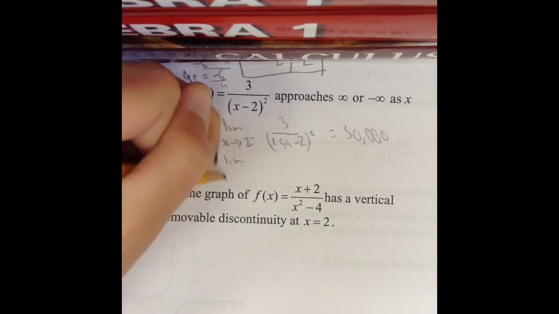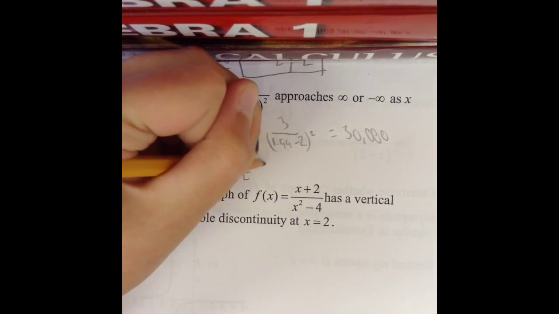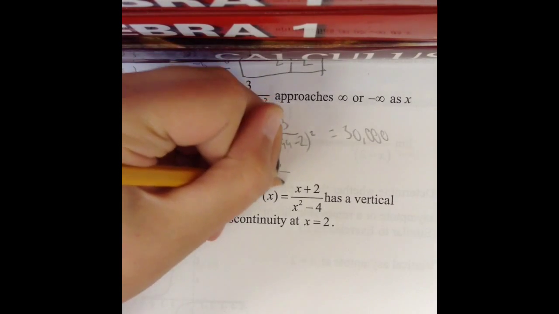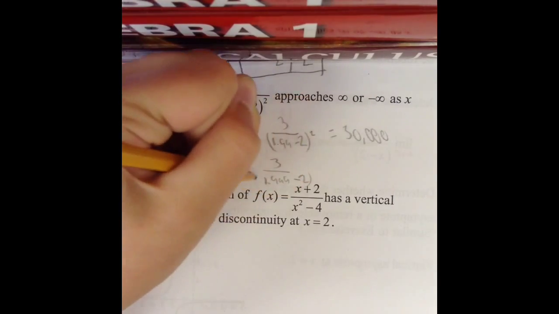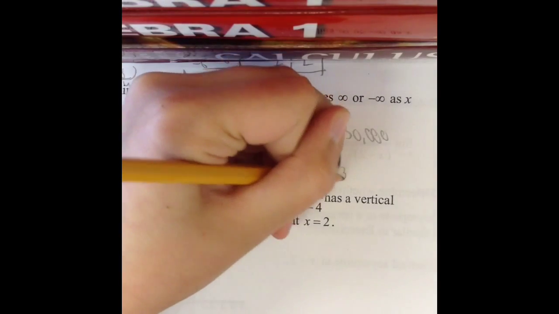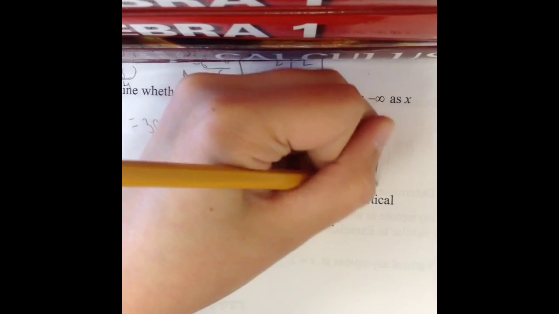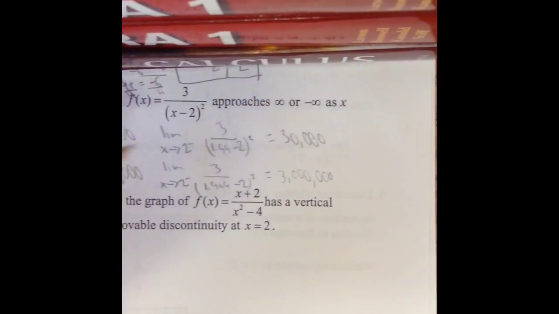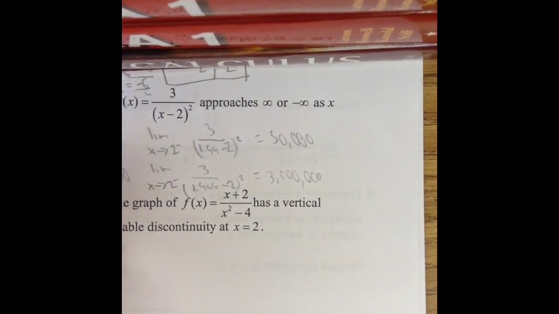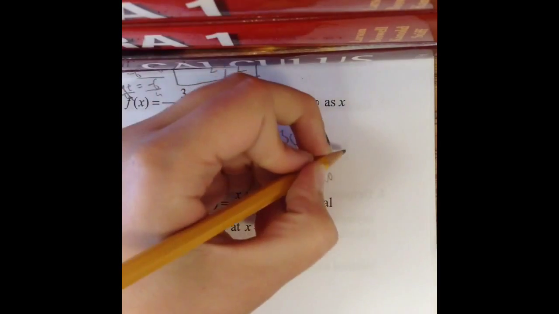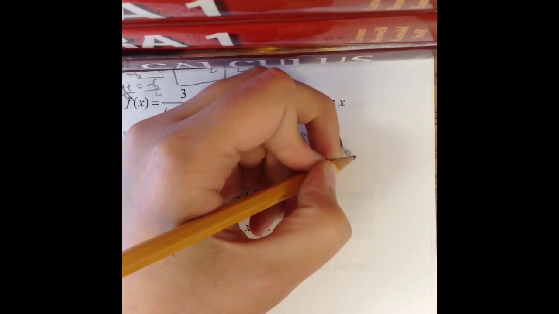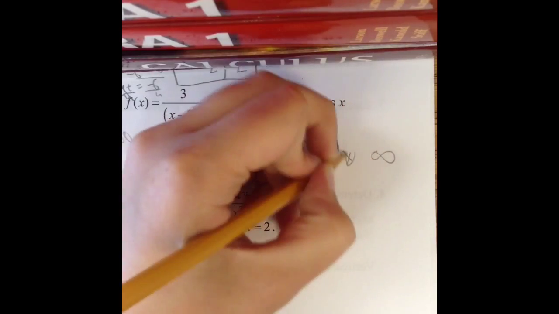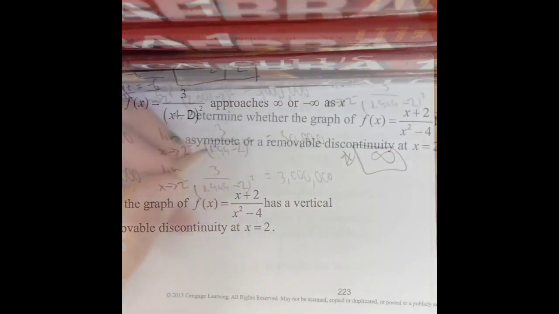And let's try that again. 3 over (1.999 minus 2) squared will equal 3 million. So we can see that since it's the same from both sides, x will be approaching positive infinity.